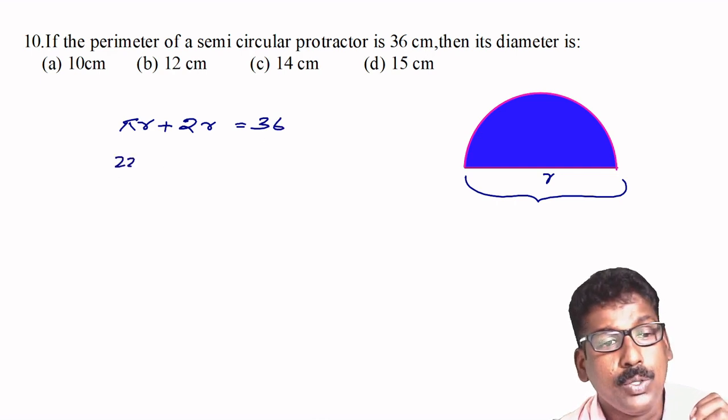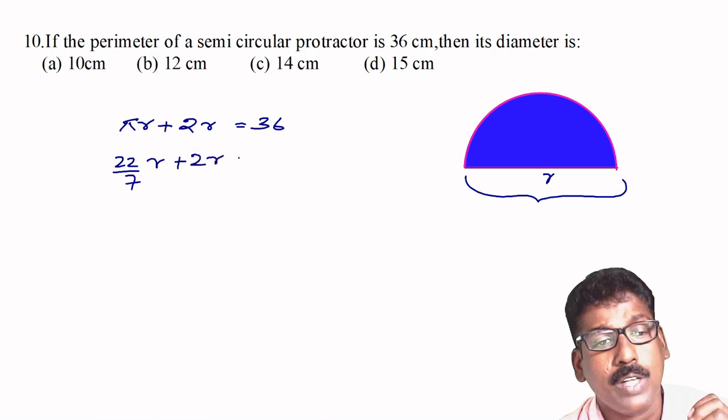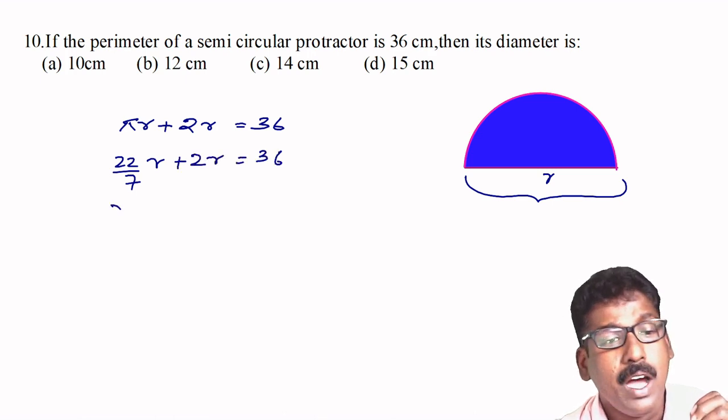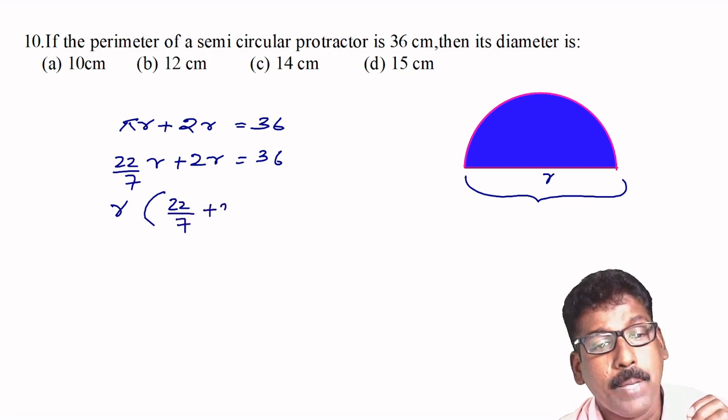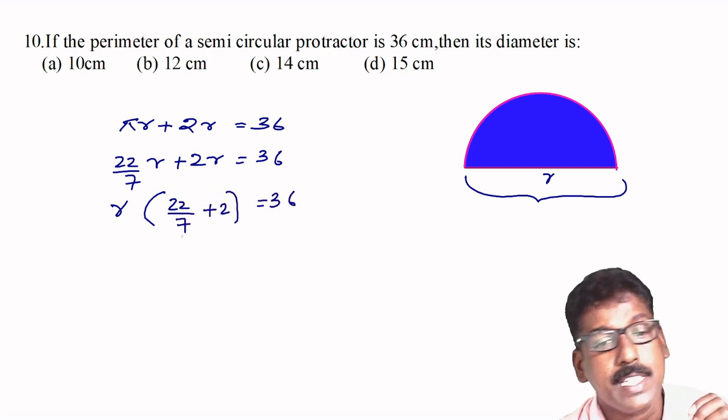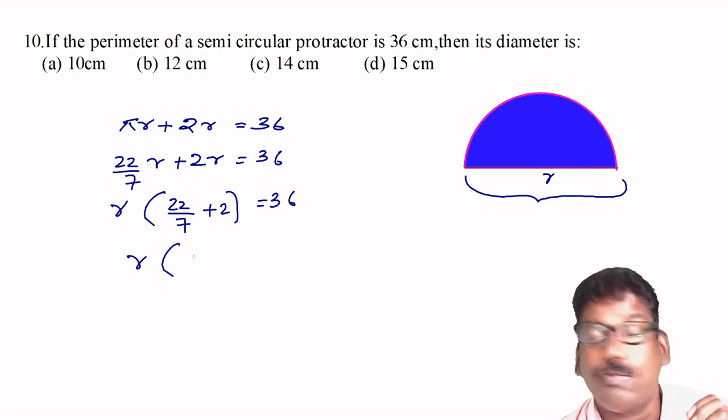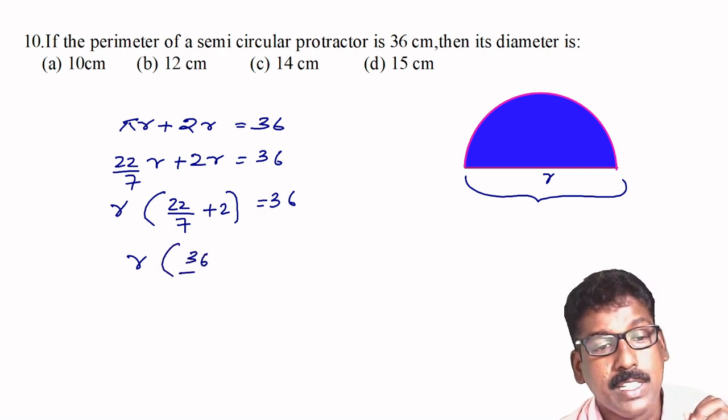That is 22 by 7 r plus 2r is equal to 36. R you can take as common. It is r into 22 by 7 plus 2 is equal to 36. That is r into 22 plus 2 into 7, 36 by 7 is equal to 36.